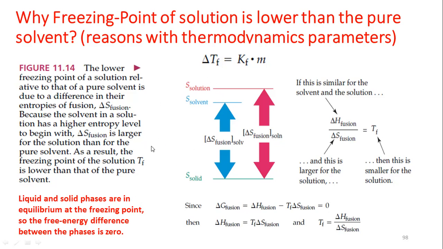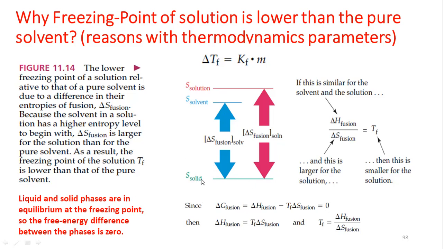First, let's discuss the effect on the change in entropy. These are the three main components given over here. One is the solid. Solid means when the solvent is frozen or the solution is frozen, it is converted into solid. What would be the difference in entropy? The solid has the least entropy as compared to the liquid, that's why it is placed at the bottom.